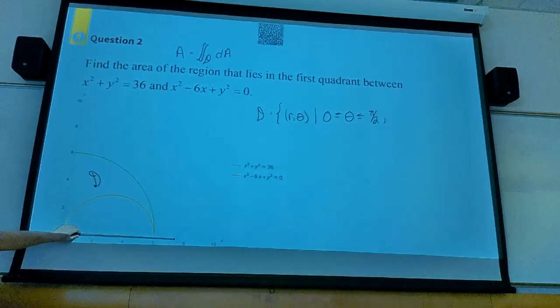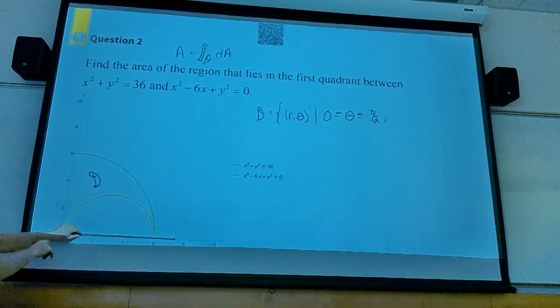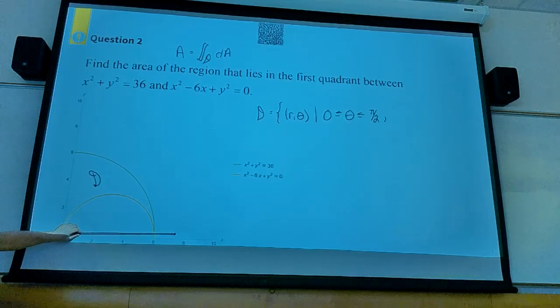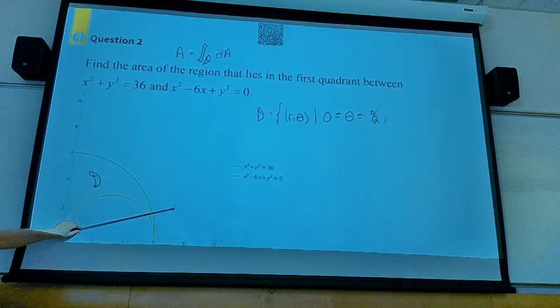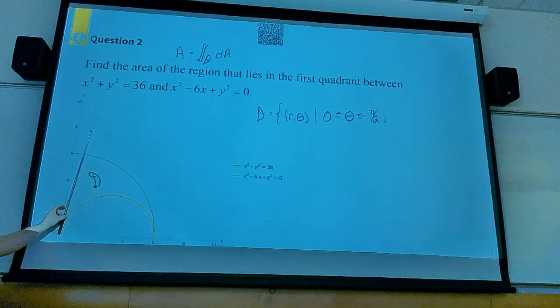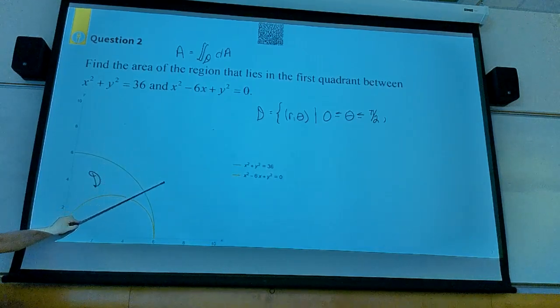As the bar rotates over that, remember, we only want this region. What does the bar extend from? Zero to 6.